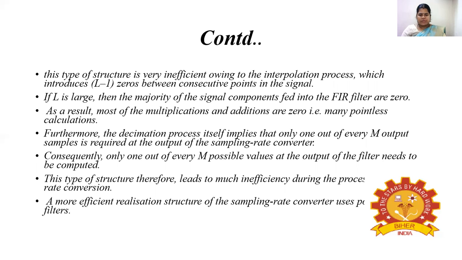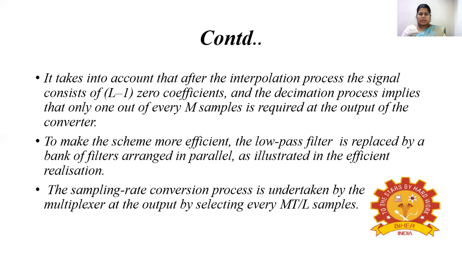So a more efficient realization structure of the sampling rate converter uses polyphase filters. This polyphase filter takes into account that after the interpolation process, the signal consists of L-1 zero coefficients, and the decimation process implies that only one out of every M samples is required at the output of the converter.